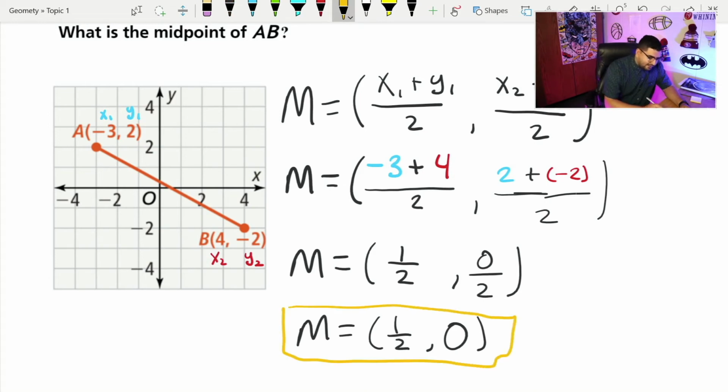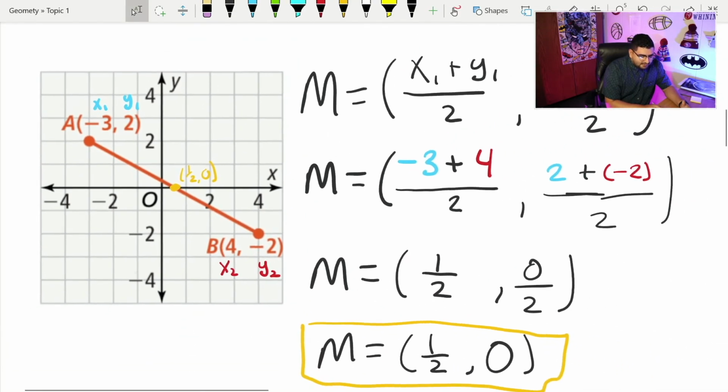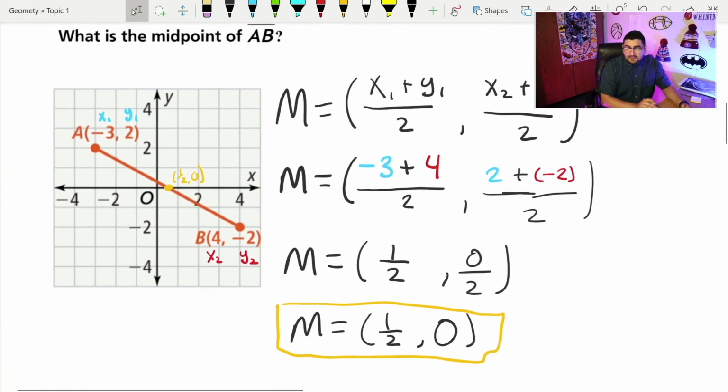I can verify by checking on the graph. I can go to the right 1/2, up 0, 1/2 comma 0, and this does in fact look like the midpoint, and it should, because the midpoint formula is right.